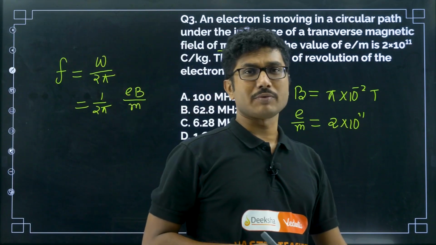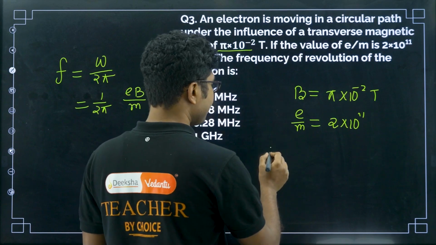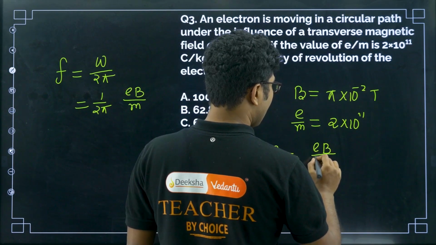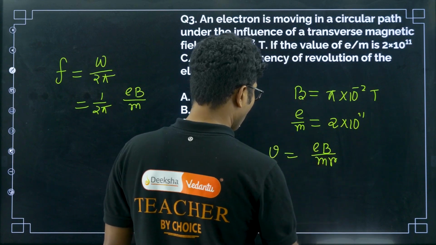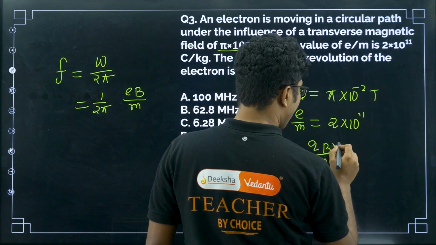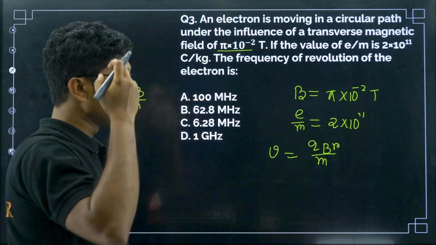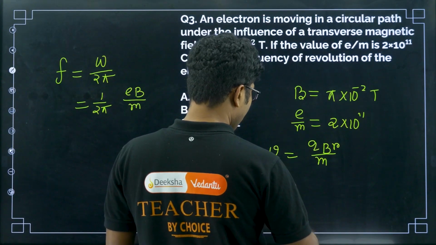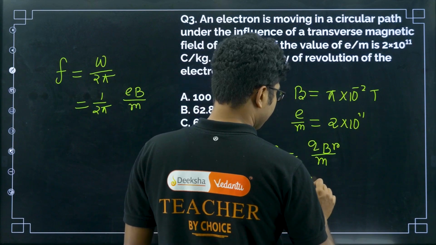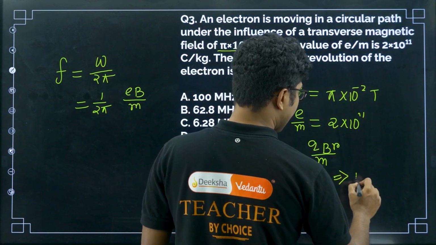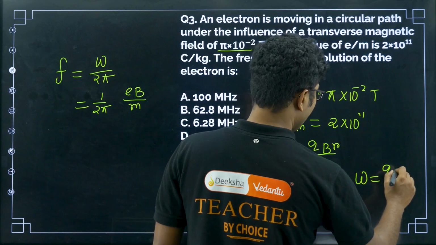If you forget the expression for omega, you have to remember the expression for v. v is basically QBr by m, and v is equal to r omega. If you compare these two equations, you can see that omega is basically QB by m.